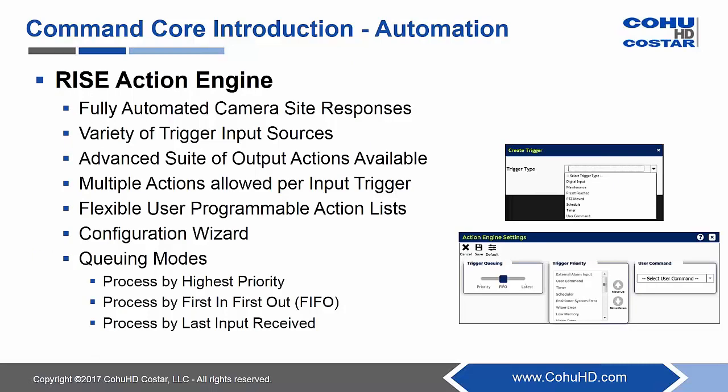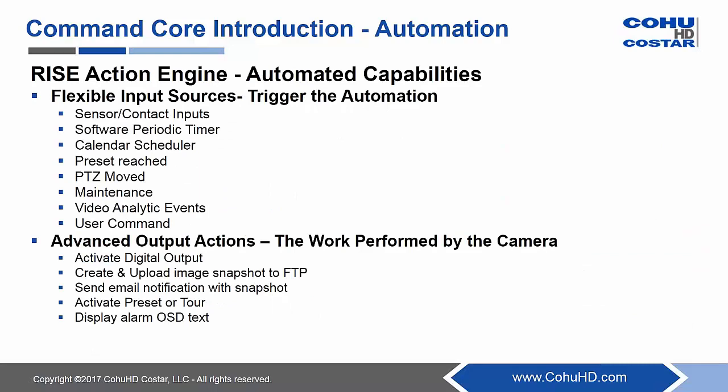So the RISE Action Engine. This is the ability for the camera to perform fully automated camera site responses. What triggers the responses are some input sources. We have a variety of input stimulus that can cause the camera to do specific programmed output functions. We allow multiple actions for each of the input triggers. There's a programmable action list that you can perform.